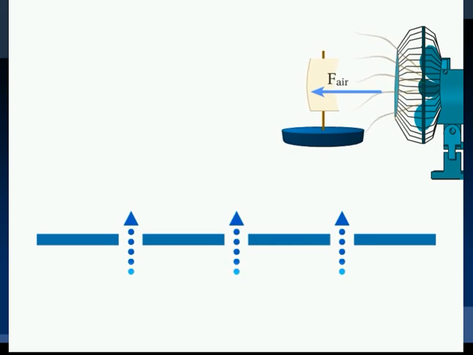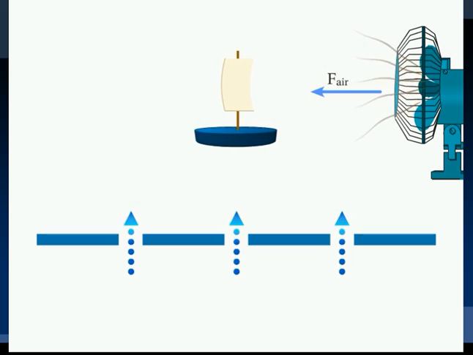The force of the wind from the fan can slow down the puck, stop it, and make it accelerate in the other direction. We can learn about the amount of force that was used if we measure the mass of the puck and its acceleration. Newton's second law shows the exact relationship between the net force on an object measured in newtons, its mass measured in kilograms, and its acceleration measured in meters per second squared.